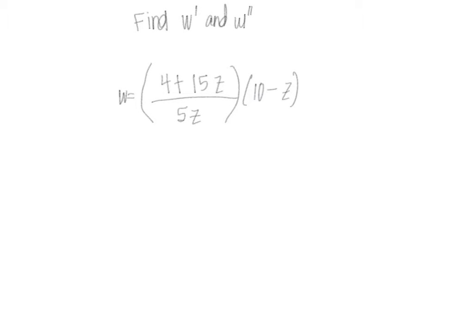A quotient would start off with having division, and you might have the denominator be x plus 1, and the numerator might be x plus 2 times x plus 3.